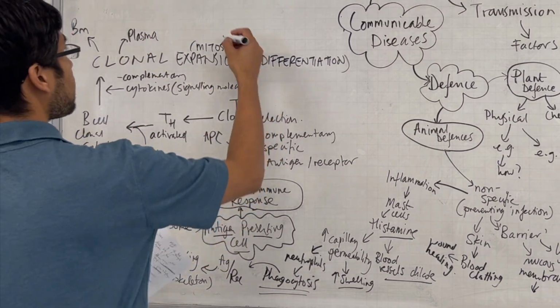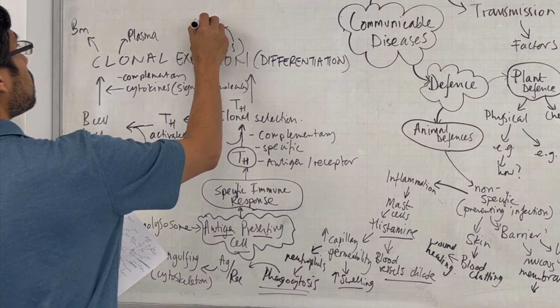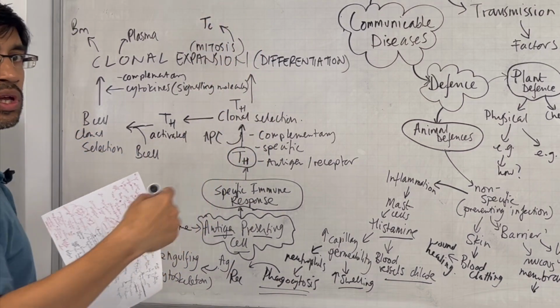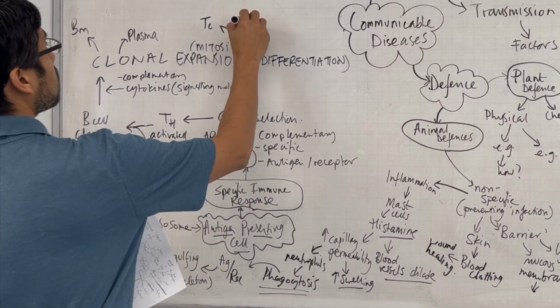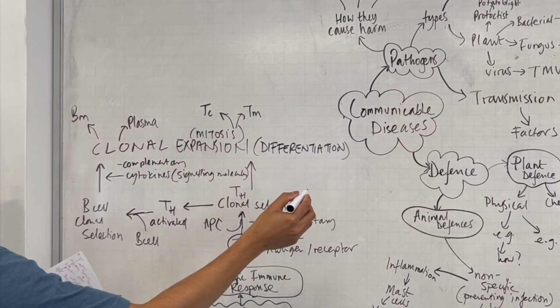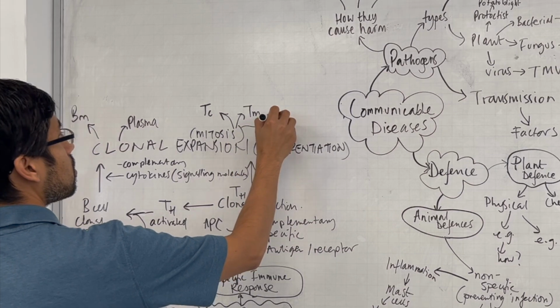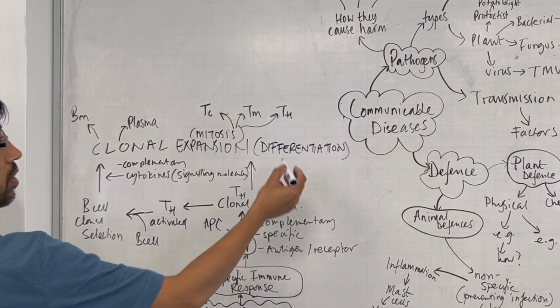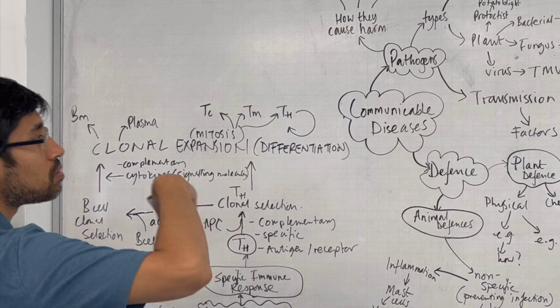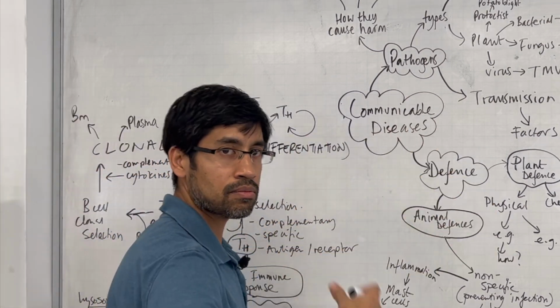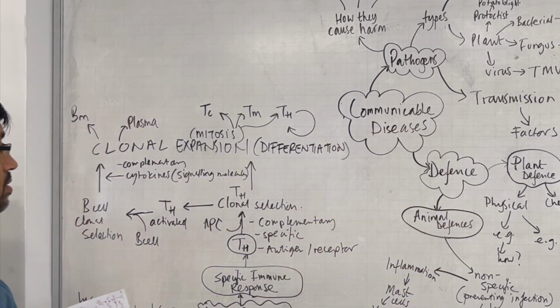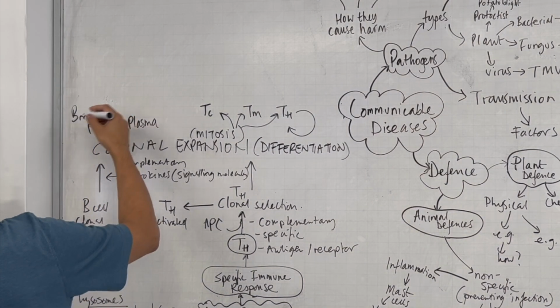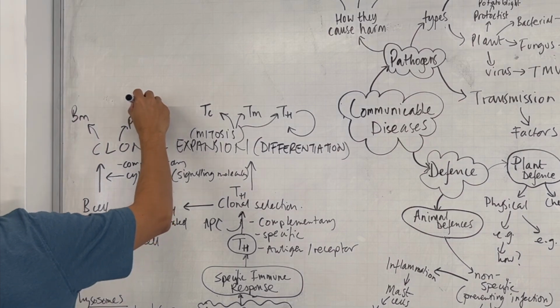The T helper cells differentiate into cytotoxic T cells or killer T cells, T memory cells, and more T helper cells, to amplify the process. Okay? Now, the important thing is that the plasma cells produce antibodies.